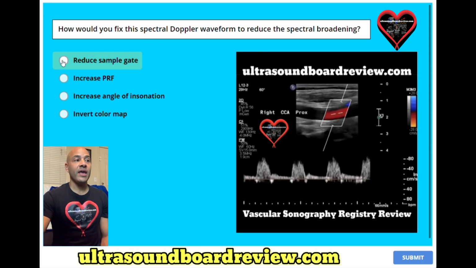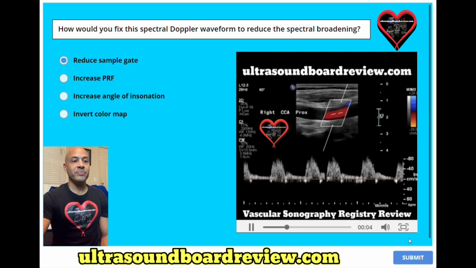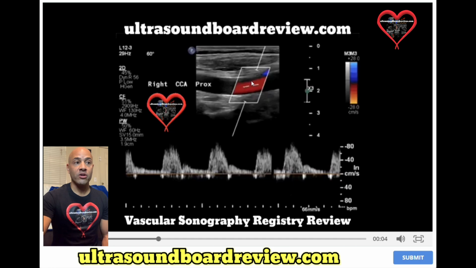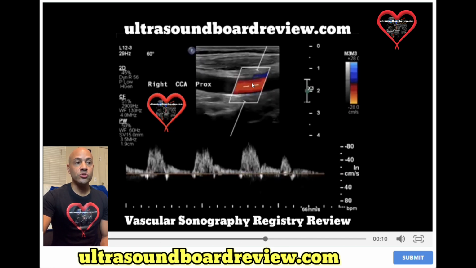The answer is A, reduce sample gate. You can see that the sample gate is extended way too wide, even beyond the carotid artery. So this needs to be reduced, and this will reduce your spectral broadening.